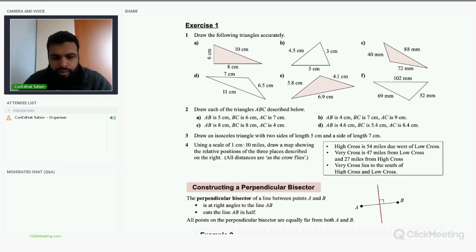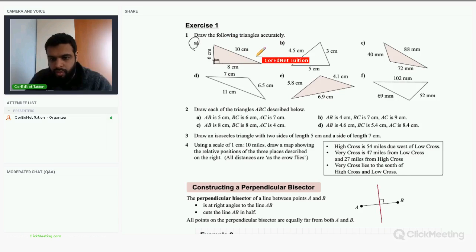That's going to be pretty straightforward. We're doing question A. You're simply going to measure, and if you measure this at a 90-degree angle, and then you've got this length here, it will be pretty straightforward to draw.